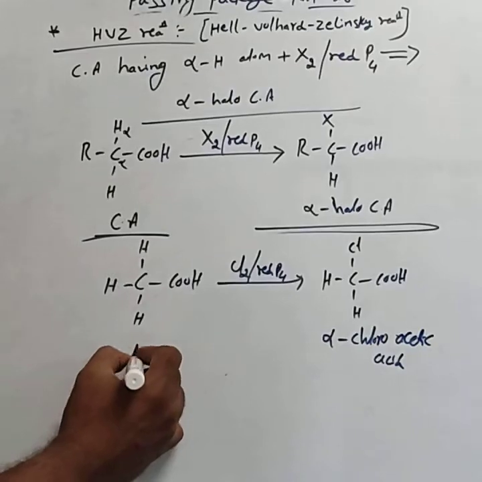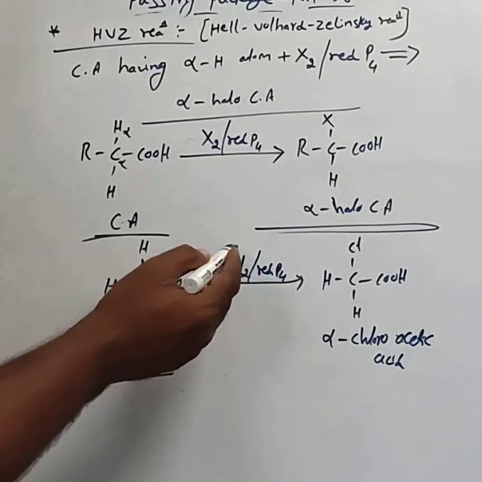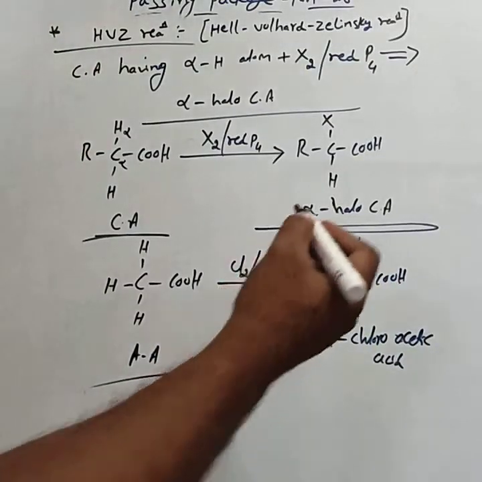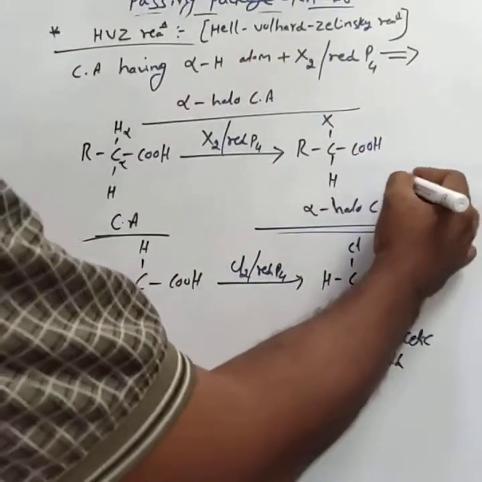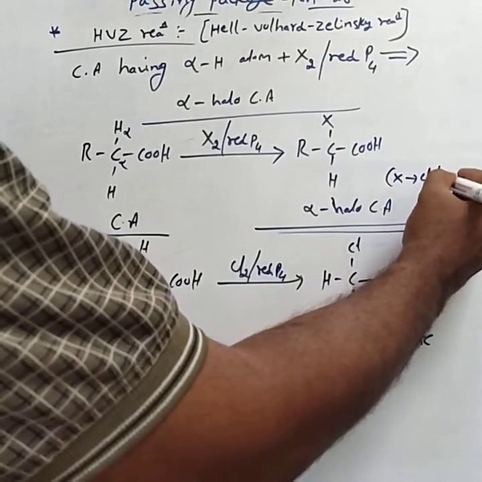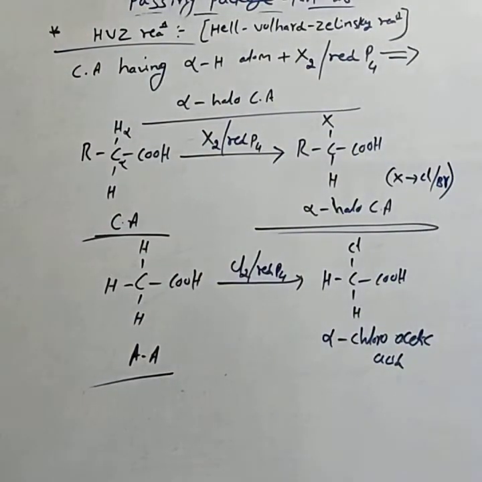In the general equation, X may be either chlorine or bromine. This is about the HVZ reaction.